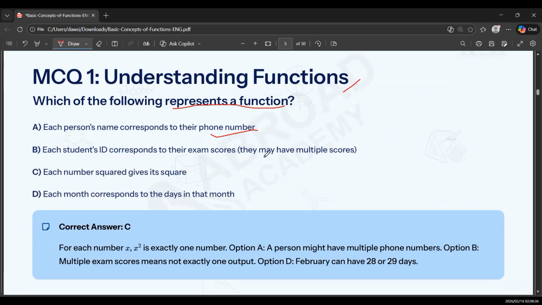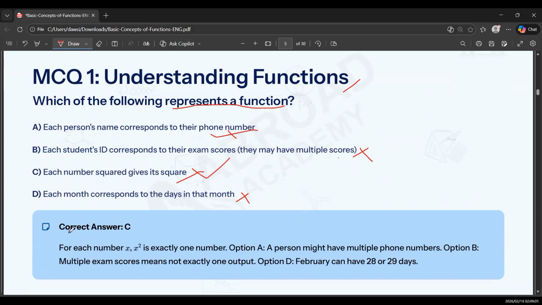They may have multiple scores, so it can't be a function either. C: each number squared gives its square. Yes, this is the function. And here's D: each month corresponds to the days in that month. No, it's also not a function. So this one is the right one.